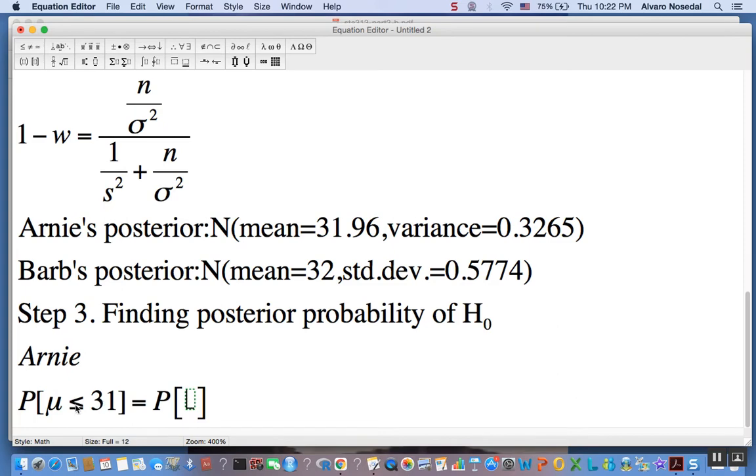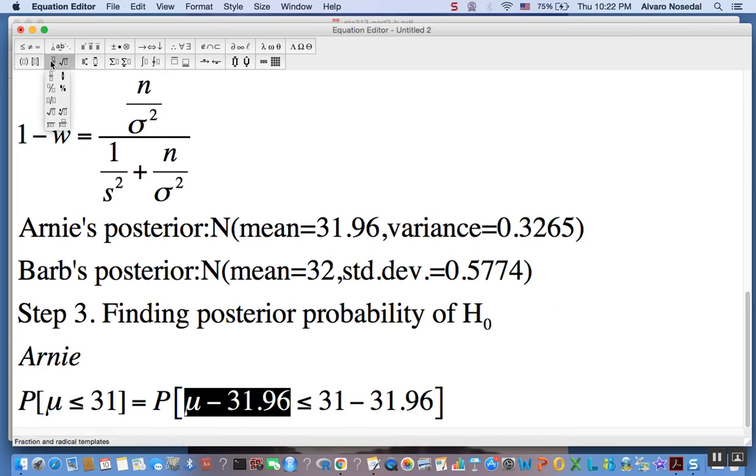So in this case, it would be mu minus 31.96, and then 31 minus 31.96, and then we have to divide by the standard deviation.